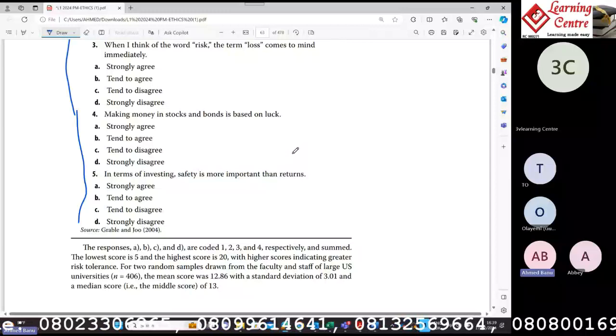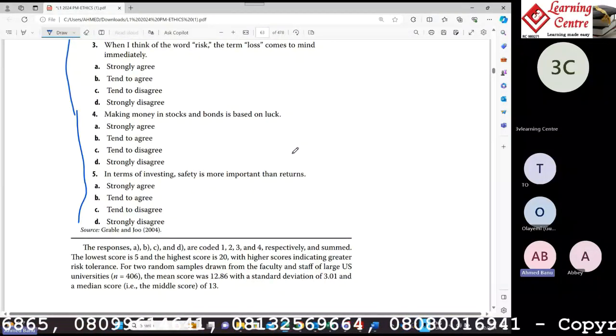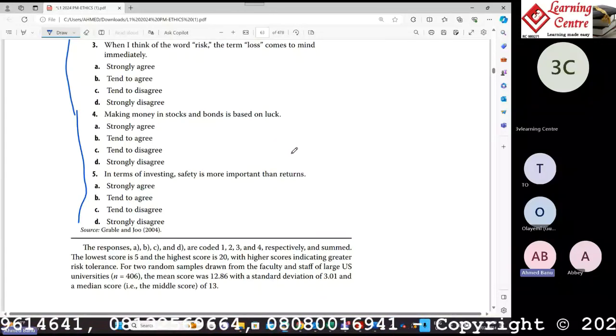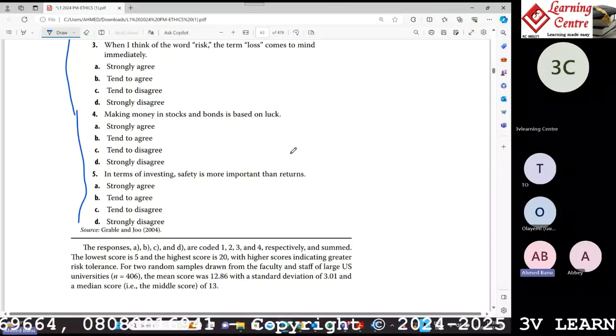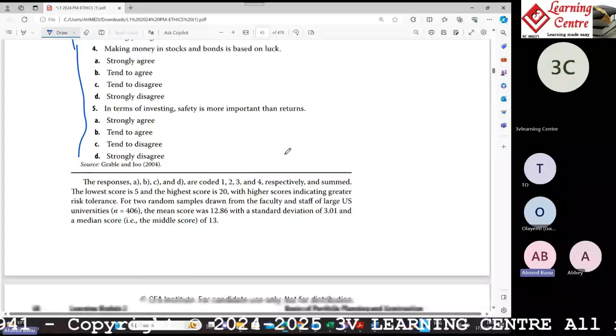Making money in bonds and stocks is based on luck. If you agree to this, then it means that you don't understand and you really are not a risk taker. But if you disagree, then you can take risk. In terms of investing, safety is more important than returns. If you agree to this, then you can't take risk. If you don't agree, then you can take risk.